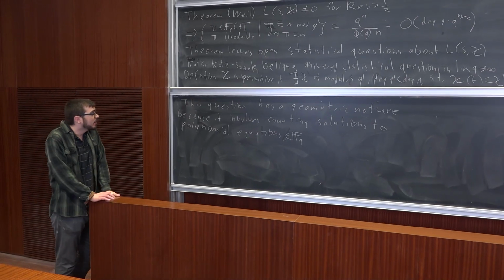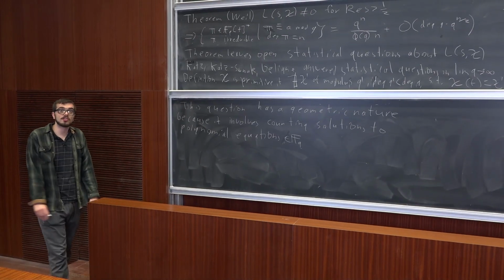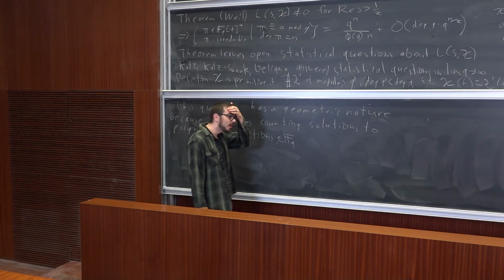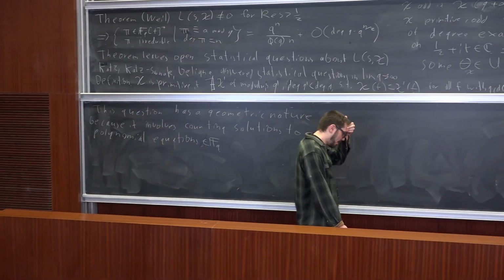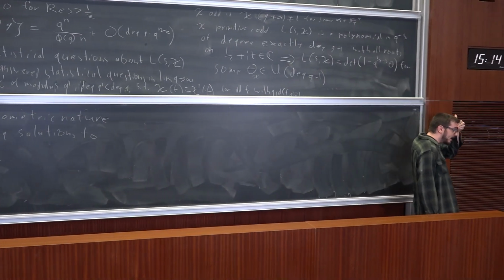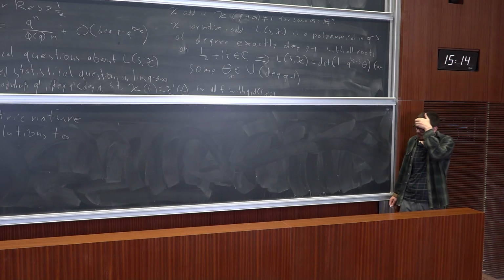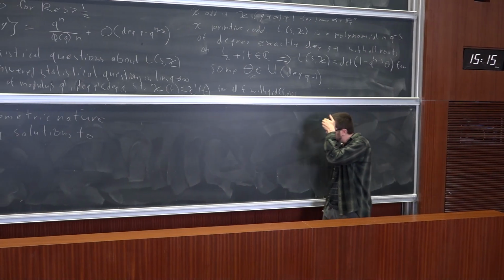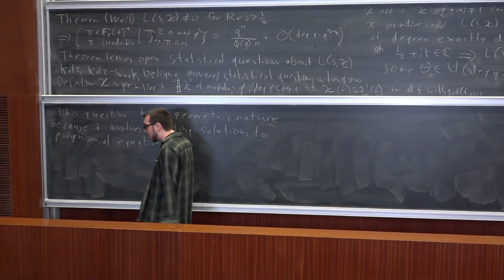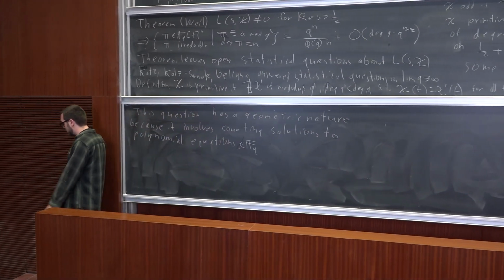And then the solutions to polynomial equations over a finite field, something we've known since the middle of the 20th century, can be interpreted as a geometric object, very closely connected to the solutions of a similar system of equations over the complex numbers.